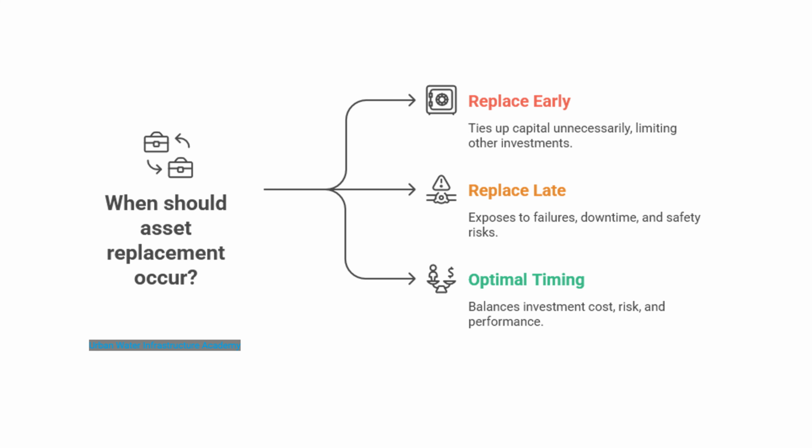Weibull analysis helps understand failure patterns by analyzing past breakdowns statistically. Even simpler trend analysis, tracking repair expenses and failure frequency, can reveal when maintenance becomes uneconomic. With these insights, we can find the sweet spot, the replacement time that balances investment cost, risk, and performance.